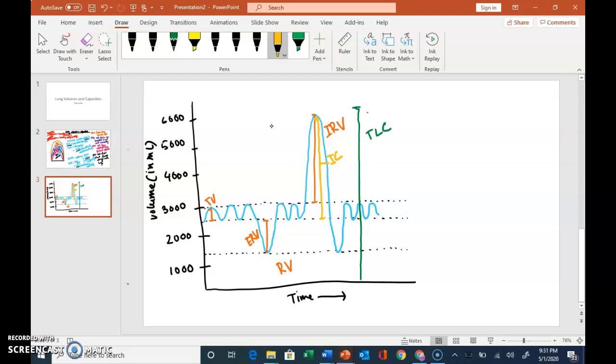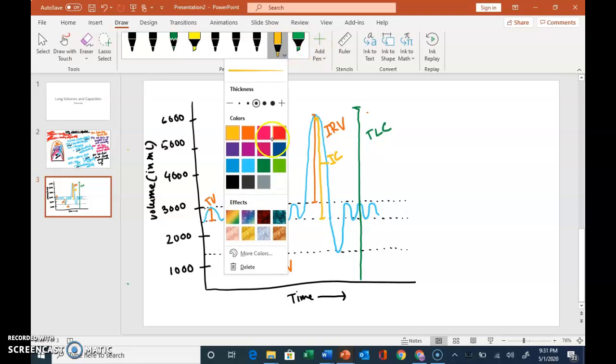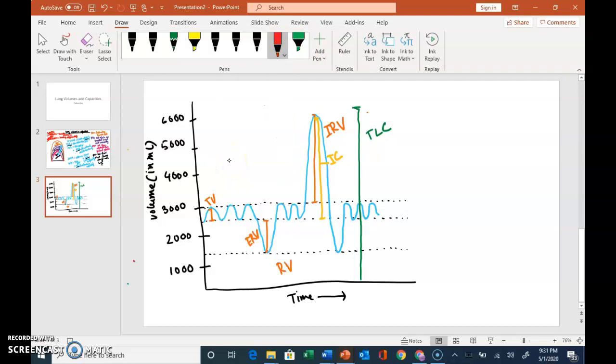If you are thinking about ERV plus RV, this is your functional residual capacity or functional residual volume.